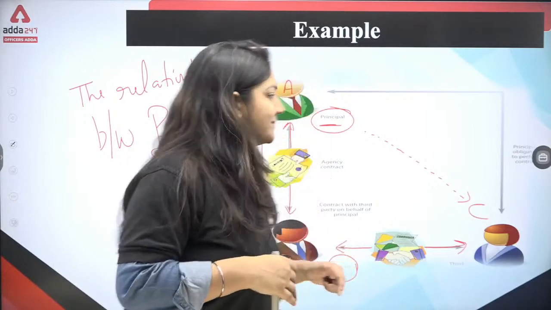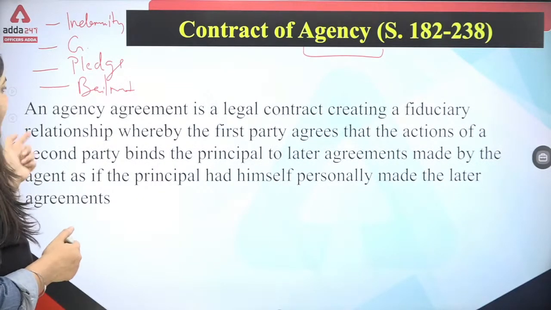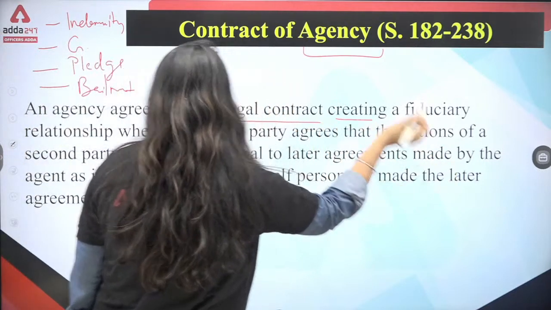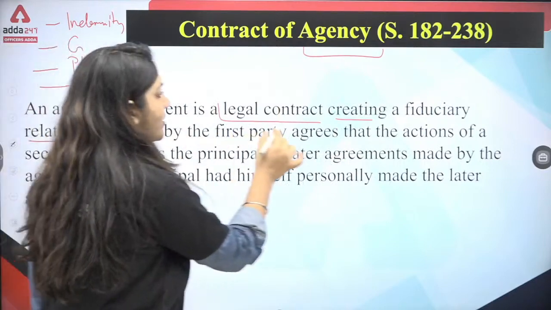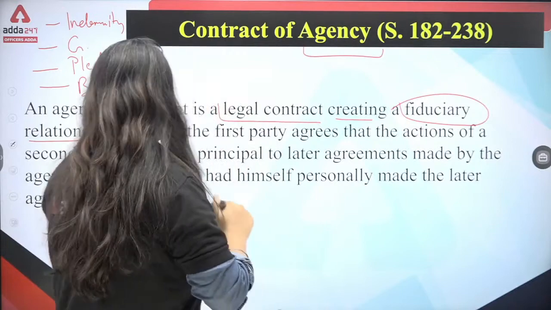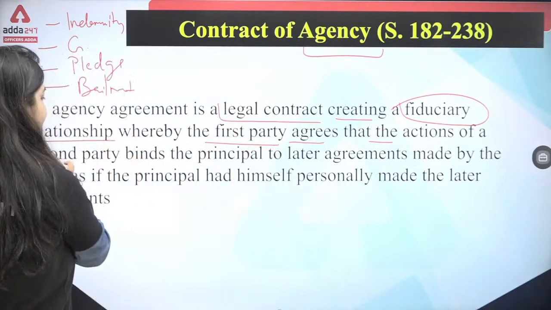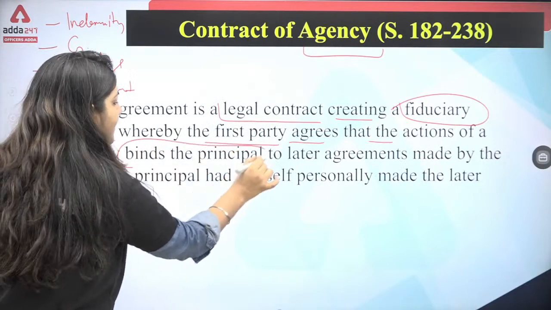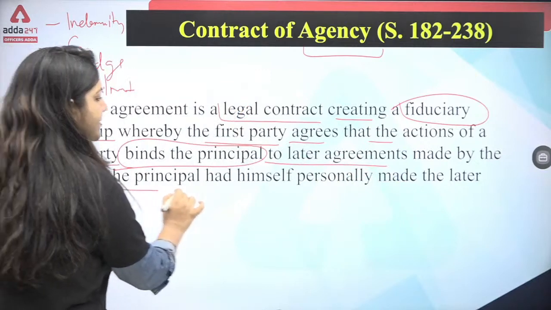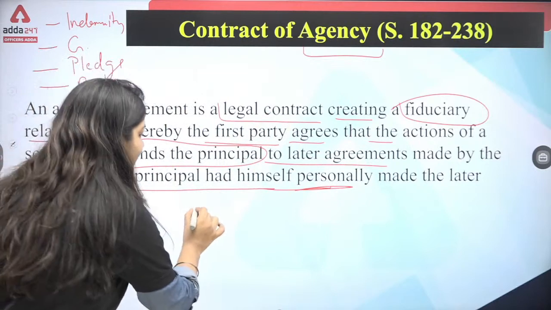Okay, now see the definition. Agency: the agency agreement is a legal contract creating a fiduciary relationship. What is a fiduciary relationship? A trustworthy relationship whereby the first party agrees that the action of a second party binds the principal to the later agreement made by the agent, as if the principal had personally made that agreement.